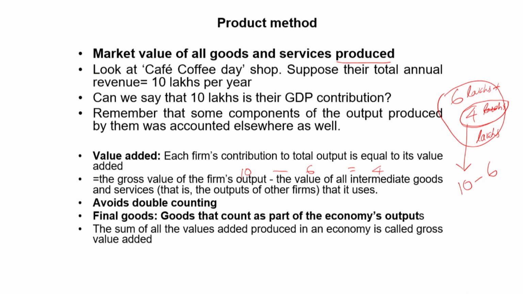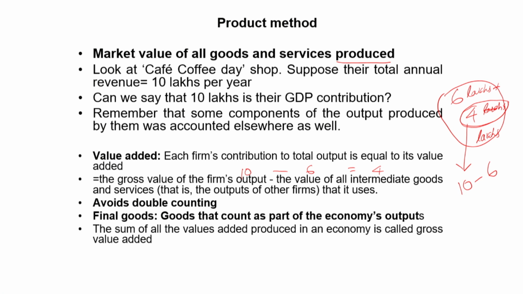Suppose we directly take the 10 lakhs as their GDP contribution, then we are actually double counting, because the firms that produce sugar, coffee and milk will be adding this value in their revenue. When they are reporting their GDP contribution, they will be reporting this. But then when we include it here, we are double counting.